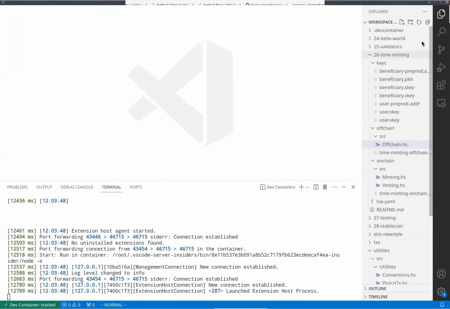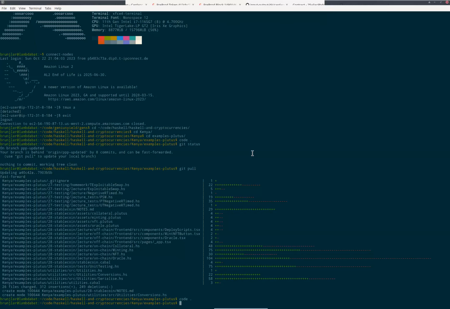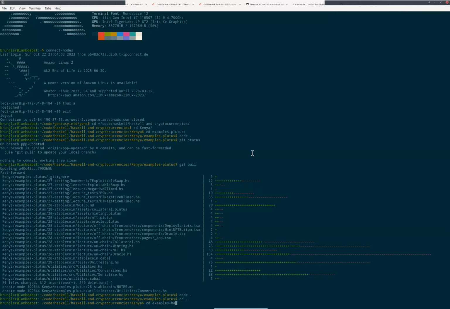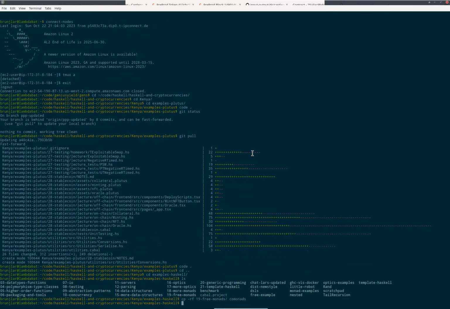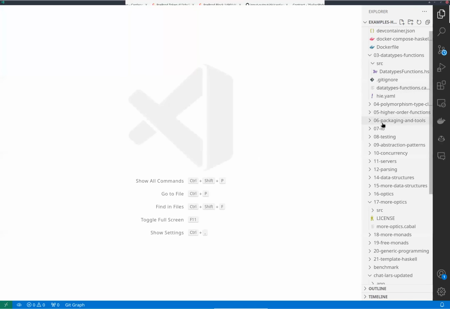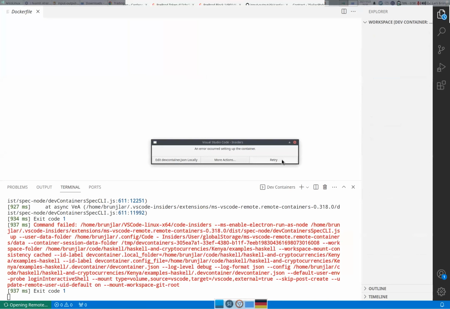Let me just close this. Why does that now not work? It's probably because... You have Docker running? Yes.